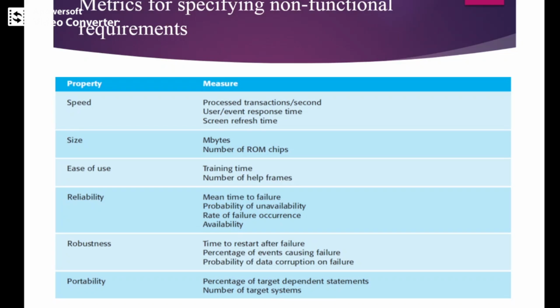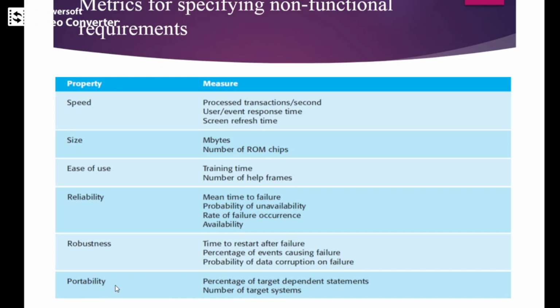If some failure has occurred, how much time does the system take to restart? That is also important. Also the percentage of events causing failure, and probability of data corruption on failure.